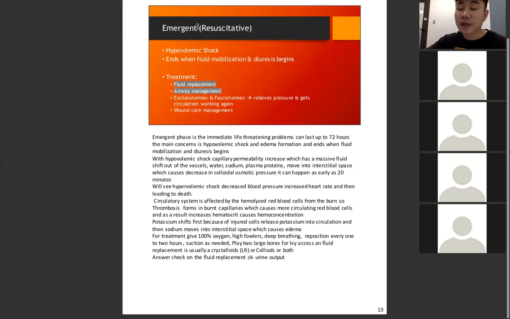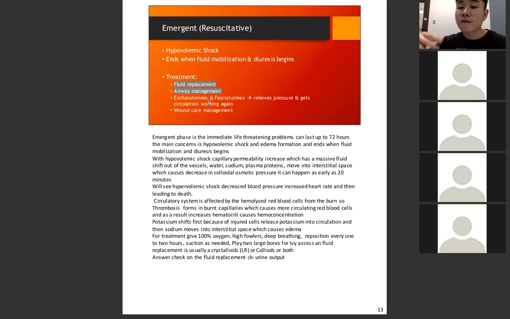Treatment for a patient in the emergent phase is fluid replacement, airway management, and escharotomies. Escharotomies are the removal of eschar. Whenever skin tissue is burned and dead, it becomes eschar. So escharotomy is removing the eschar tissue in order to relieve pressure for the patient.